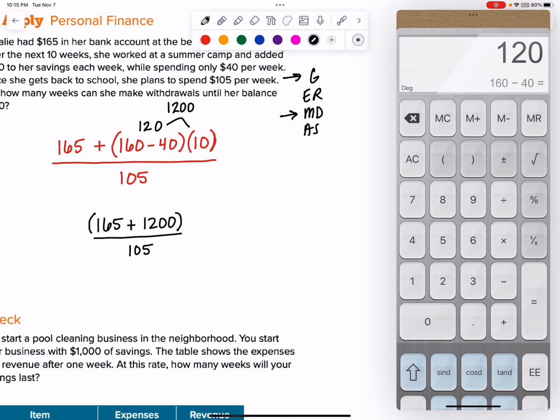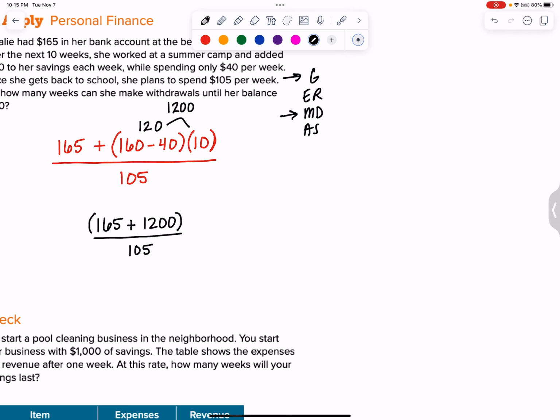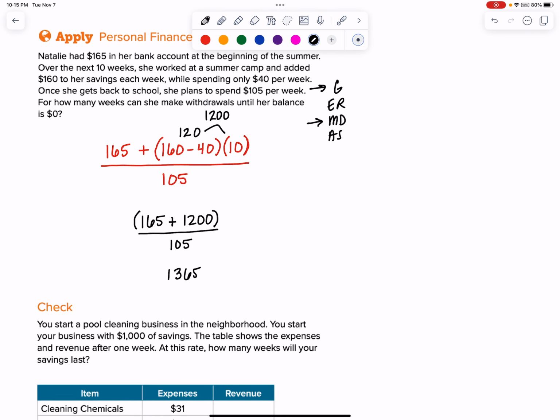So we have 1,200 plus 165 is obviously 1,365. Okay, so this is her total earnings for the entire 10 weeks.